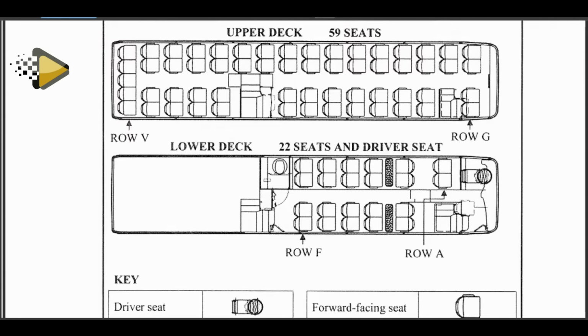You can count them. Let's see. When you add 59 plus 22, you end up having 81. Of the 81, you subtract 1, 2, 3, 4. Remain with 70.